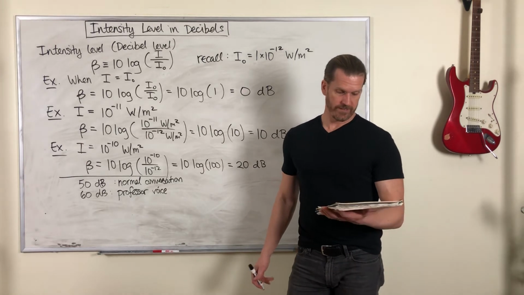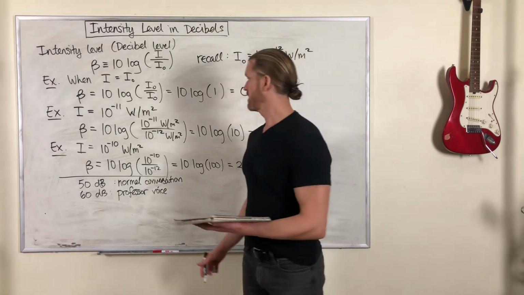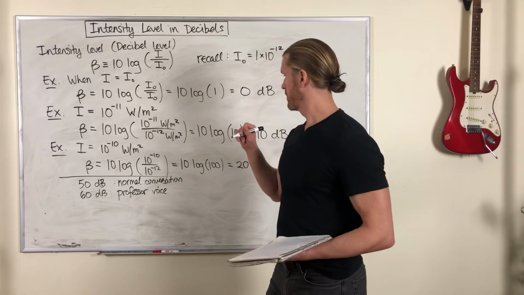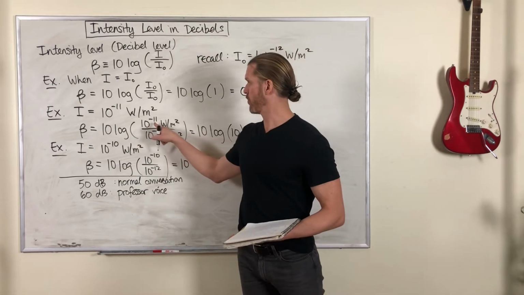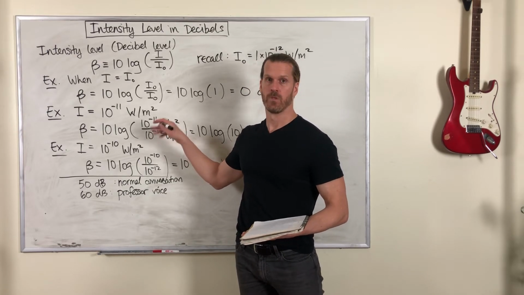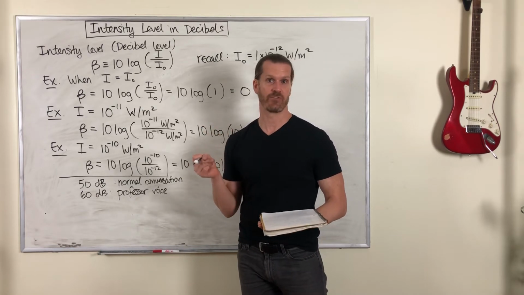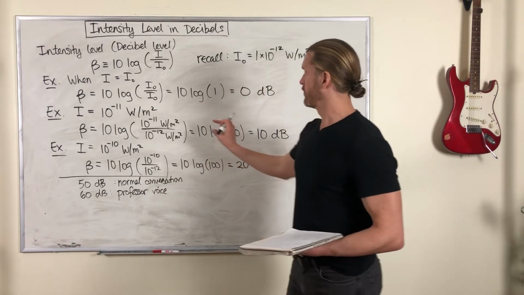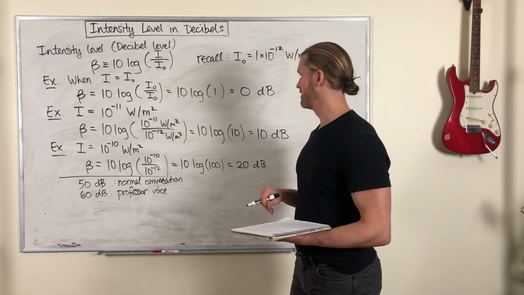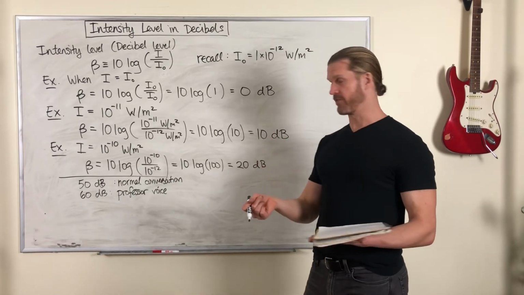Now 120 decibels is the number you get for that threshold of pain. Remember I said when the intensity is 1 watt per square meter, that's when you start to do damage to your ears. So if you put 1 in the numerator here, 1 over 10 to the minus 12 is 10 to the positive 12.